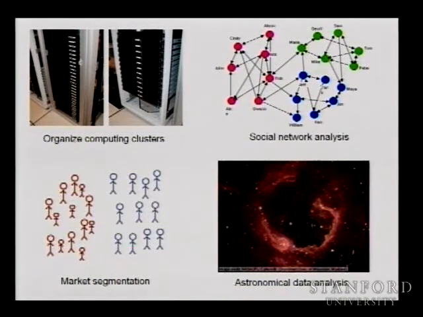So if you're a marketer and you want to divide your market into different groups of people to market to them separately. Even for astronomical data analysis and understanding how galaxies are formed. These are just a small sample of the applications of clustering algorithms that we'll talk about later in this class.